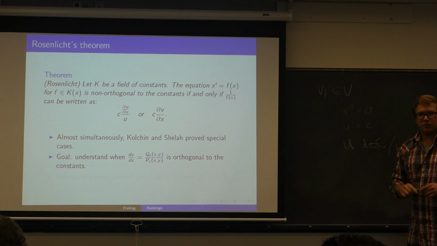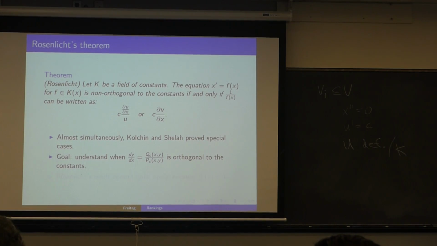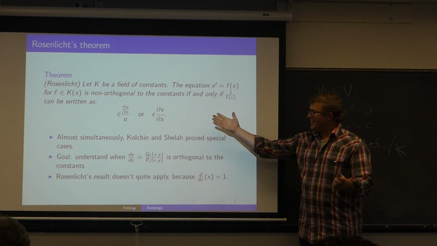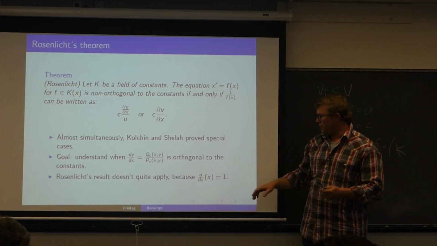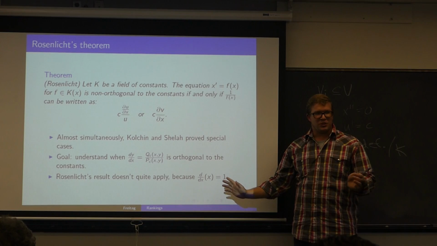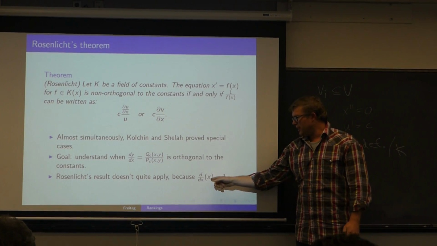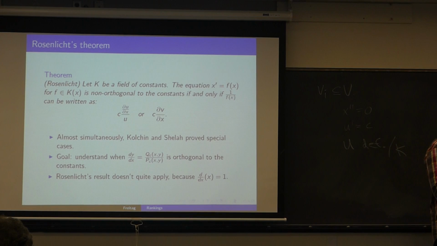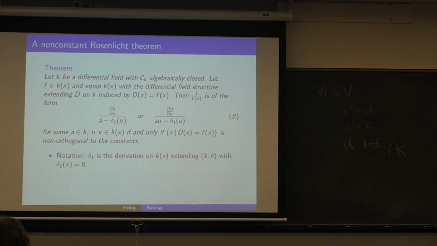Something that's written in this form, Rosenlicht's theorem doesn't quite apply, because his only applies when you're working over a field of constants. And here there's something a little more general, but not much more general. d by dx of x is 1, so it's not a constant. So Rosenlicht's theorem just won't apply to detect what I need to detect.